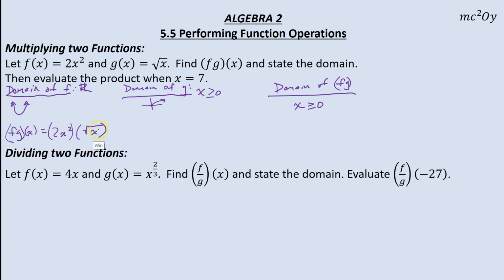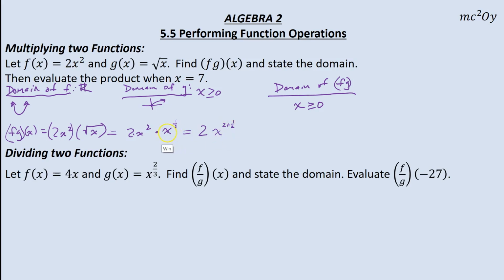Well, that's kind of weird to multiply those. Let's write the square root in terms of an exponent. So we could call that 2x squared times the square root of x, which is x to the 1/2 power. Now you have the same base. You have 2x squared and x to the 1/2. So really you have 2 times x to the 2 plus 1/2 power.